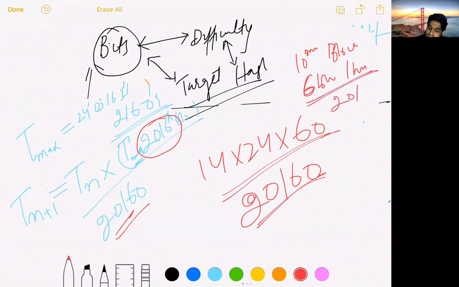It is 2016, because we are producing only 6 blocks per hour, and there are 24 into 14 hours in total. So we calculate 24 into 14 into 6, that will be 2016.